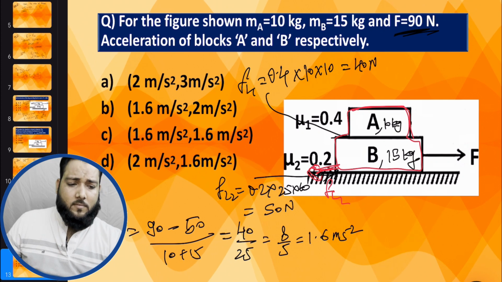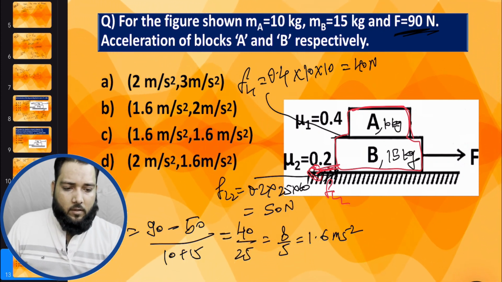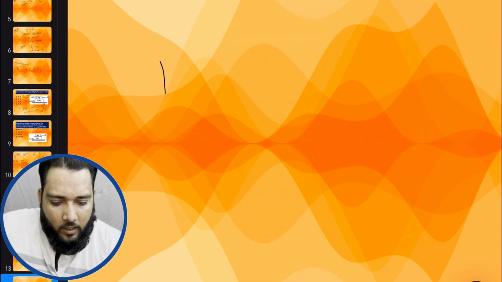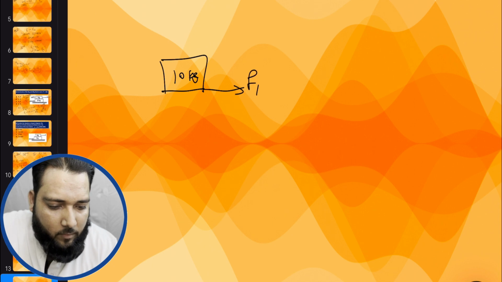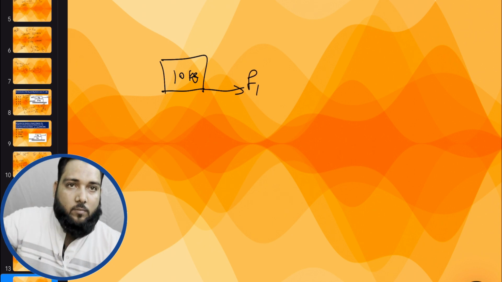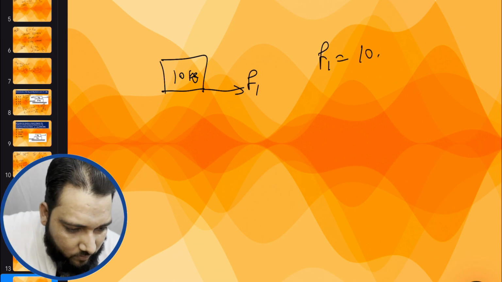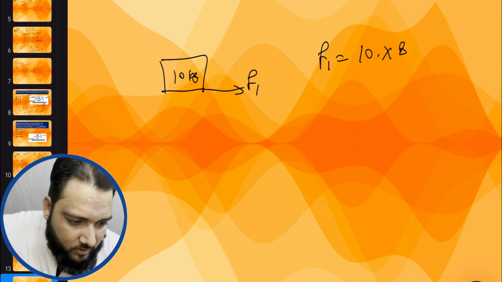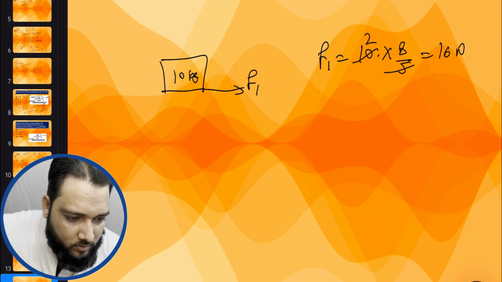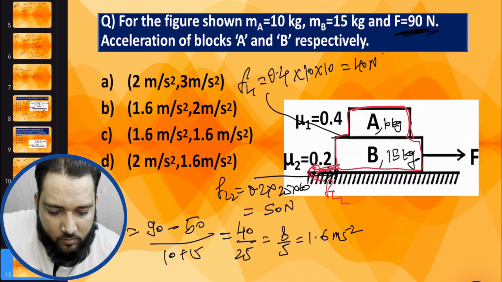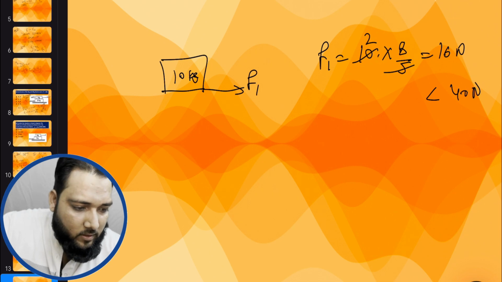Any confusion? Now, block A will move due to the friction between A and B, that is F1. So for the 10 kg block, when you make the free body diagram, this is F1. This will move in this direction only, friction. Are you getting my point? So the net force F1 is mass into common acceleration, that is 10 into 8 by 5. So this is coming 16 Newton. And we know the value of FL1 limiting friction is 40. So it is coming less than 40.